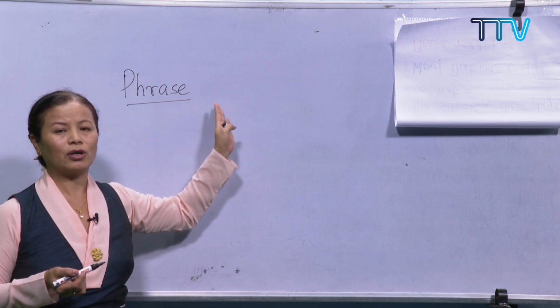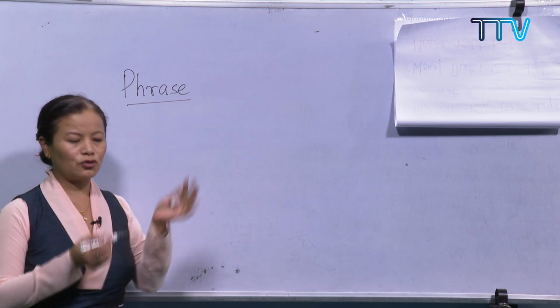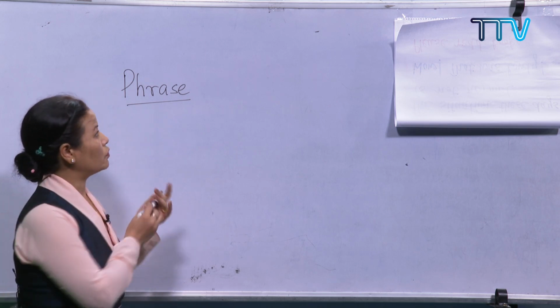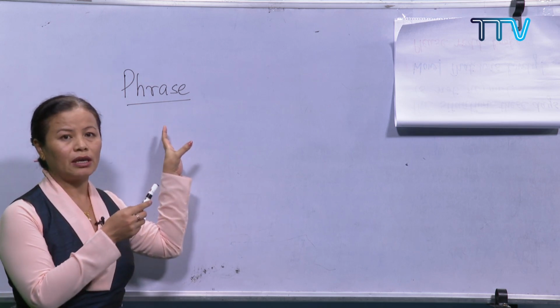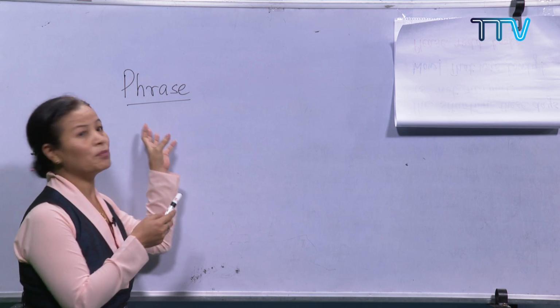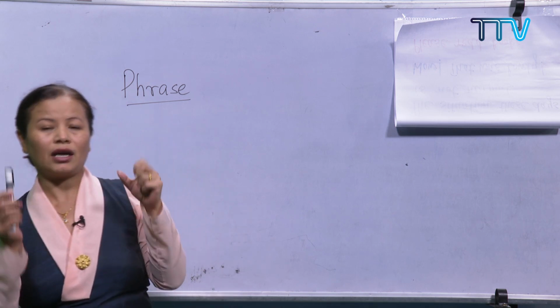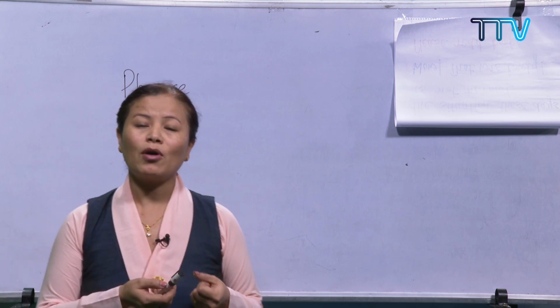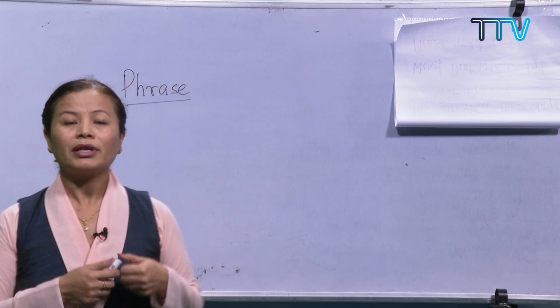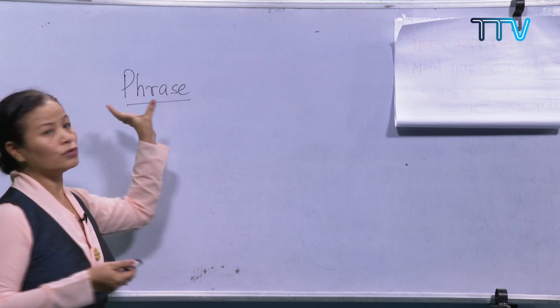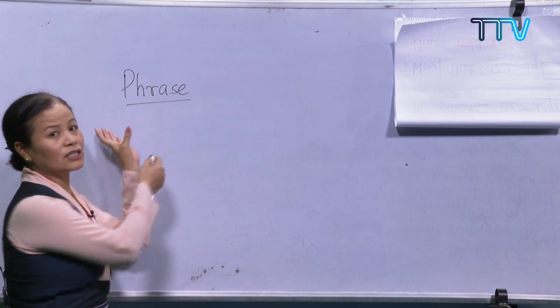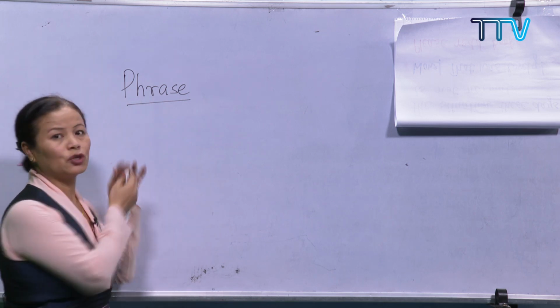I don't know if they have heard about clauses or not, but phrases you might have heard, right? We will go a little bit in detail about phrases because this is a very important part of a sentence. We have learned yesterday that sentences are made up of parts of speech. But phrases also make sentences. A phrase is a group of words.